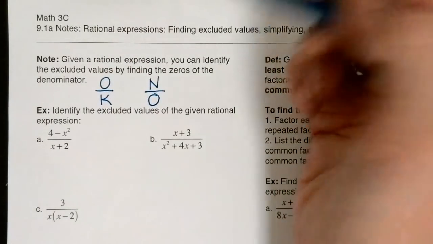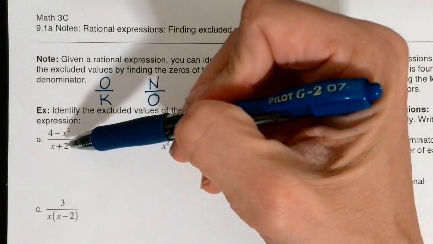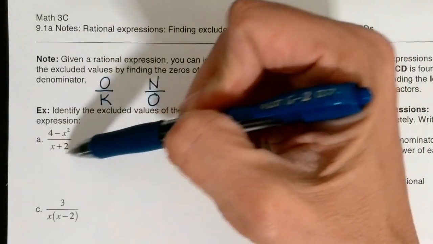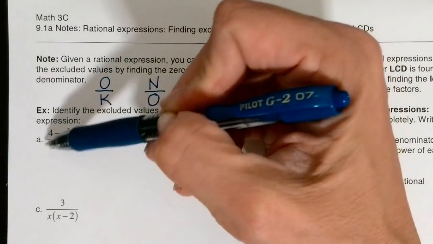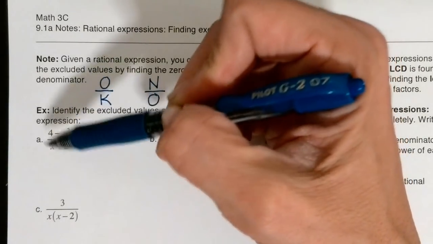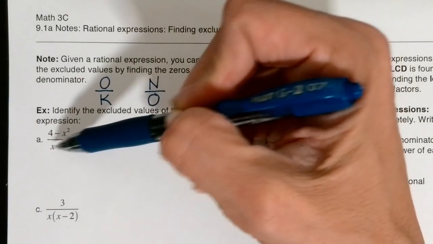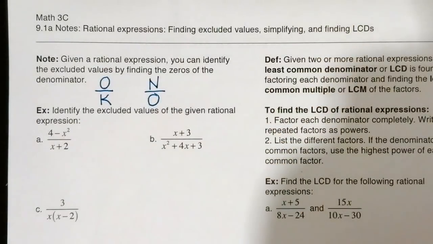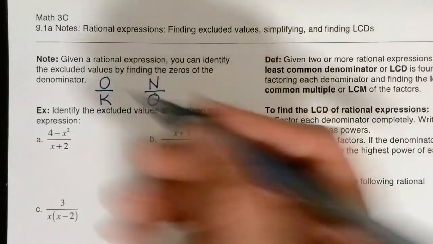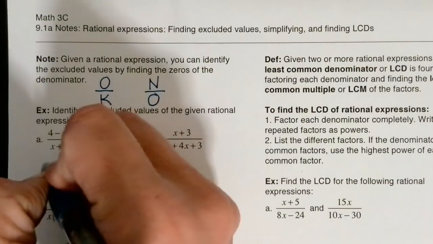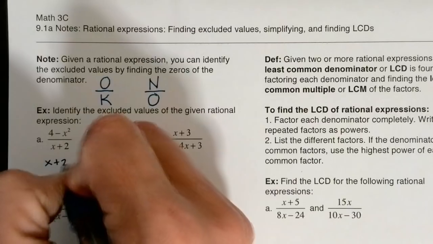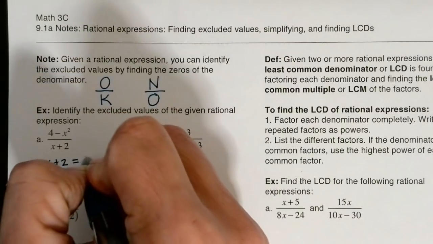Okay? So if you look at this first example right here, what would make this entire denominator 0? So what value of x would make that 0? If you're ever not sure, all you need to do is just set it equal to 0. So x plus 2 equals 0.